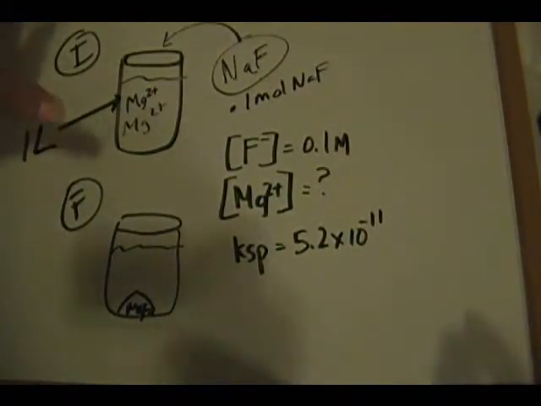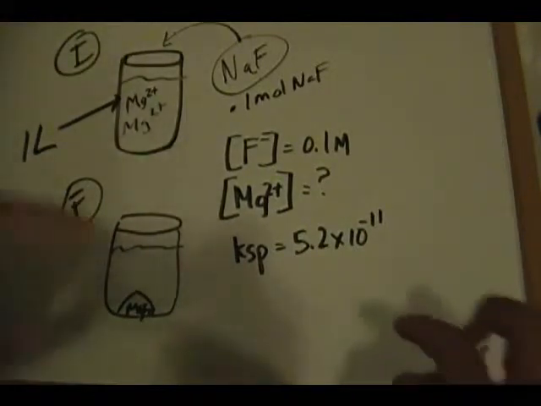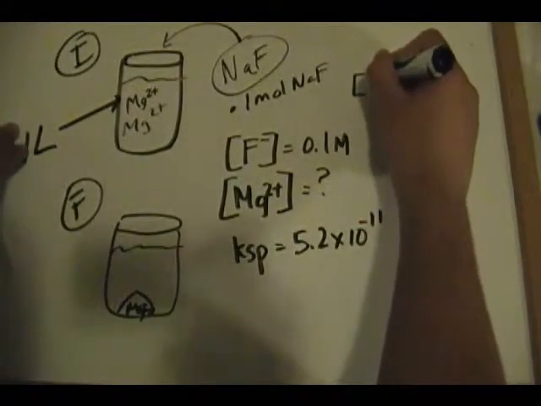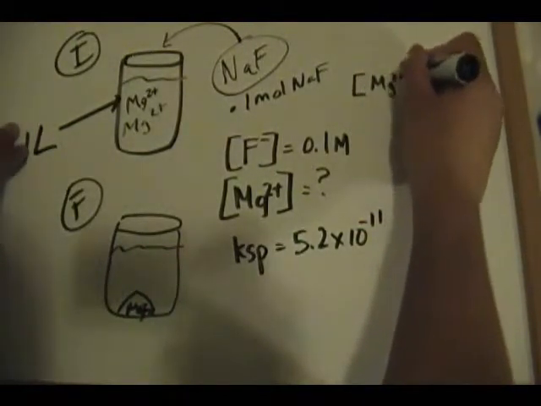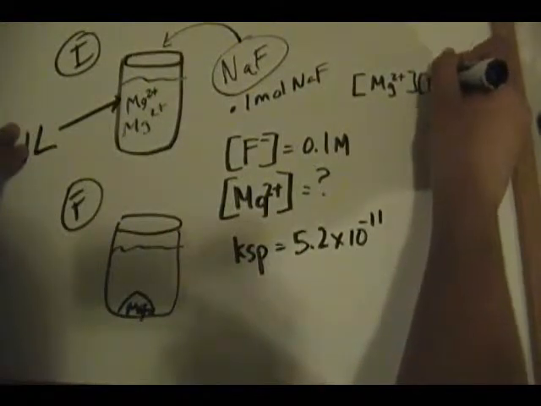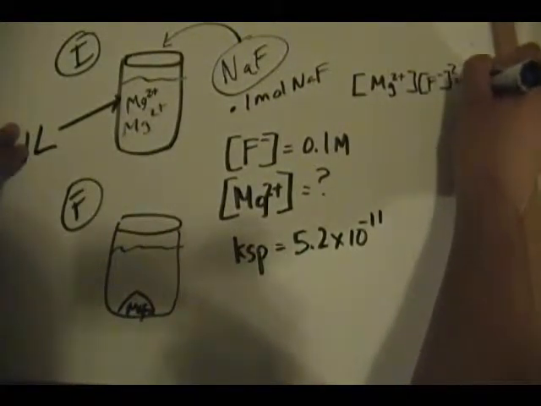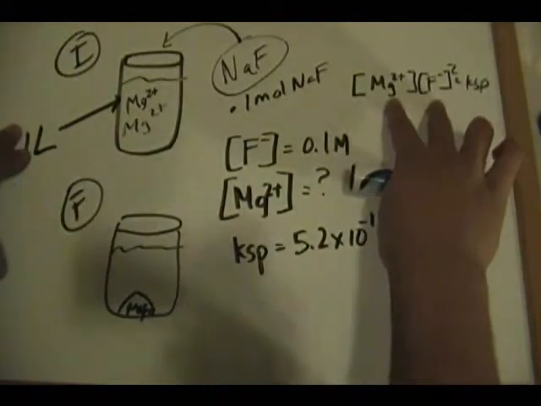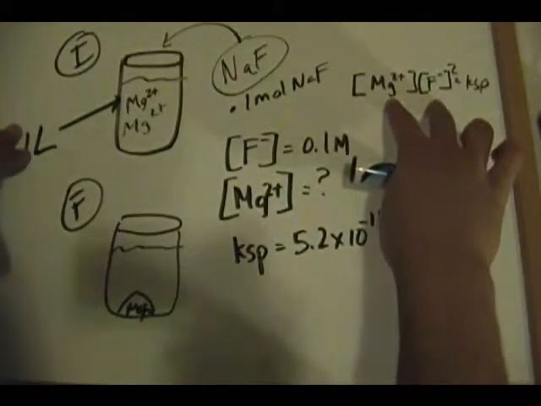In these cases, when we have two different sources, all we do is plug these values into our expression. Our expression is again Mg2 plus times fluorine minus, squared, equal to KSP. We'll plug these values into this expression, and that will give us our value.